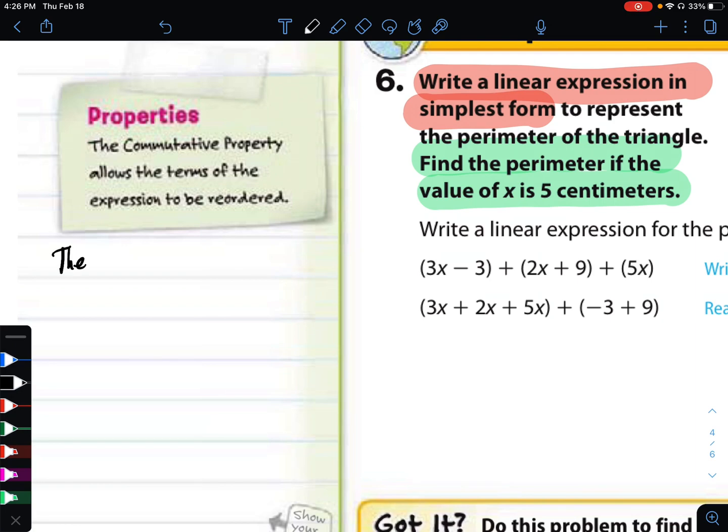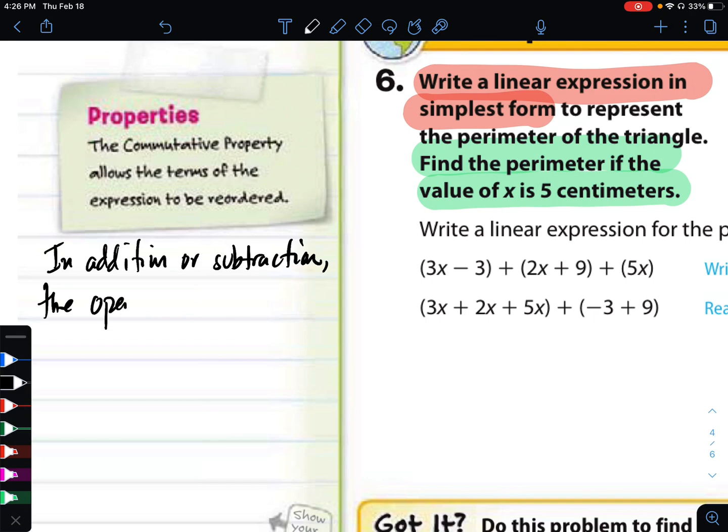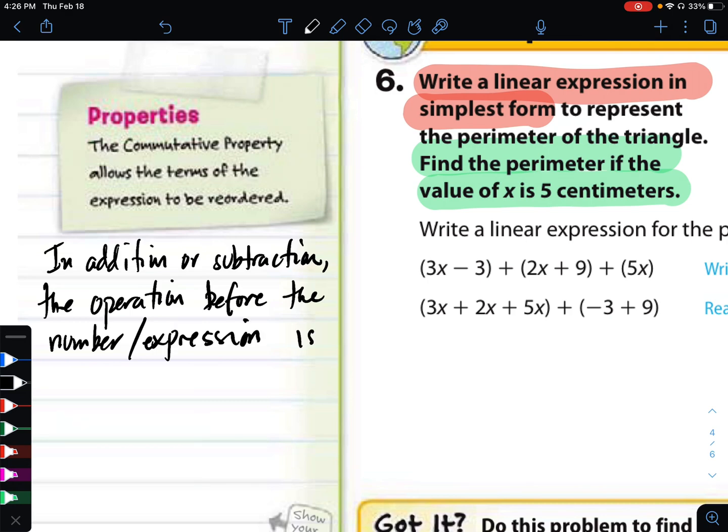In addition or subtraction, the operation before the number, or expression for that matter, is the sign of the number or expression.